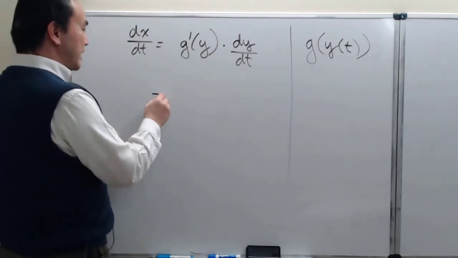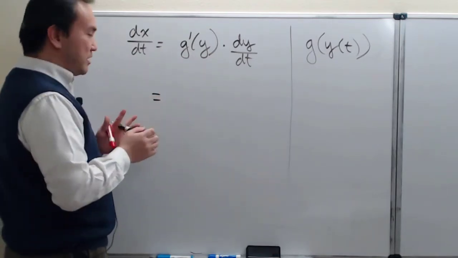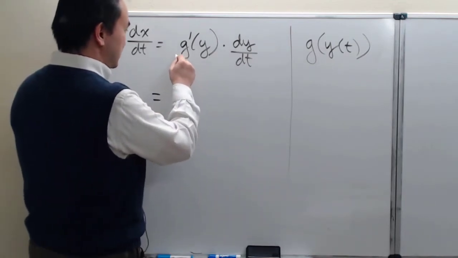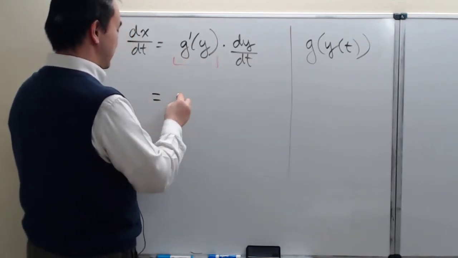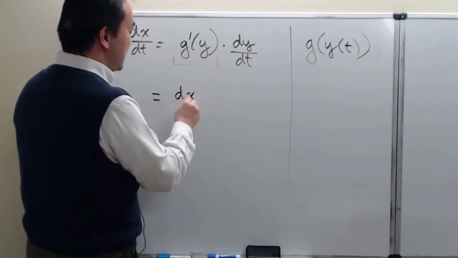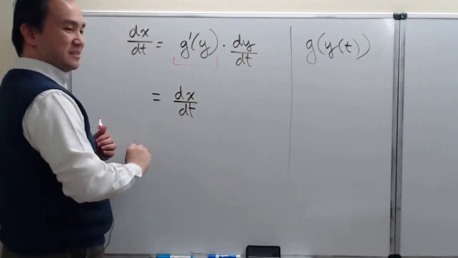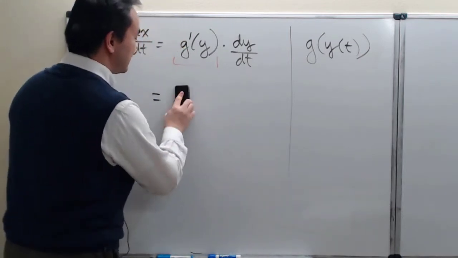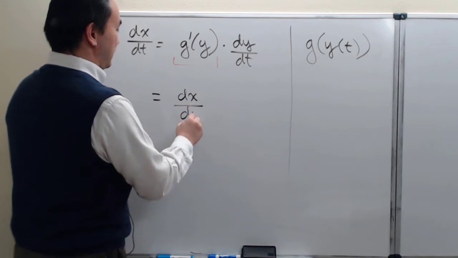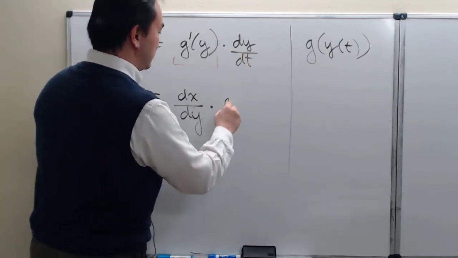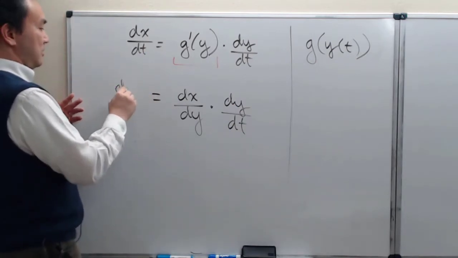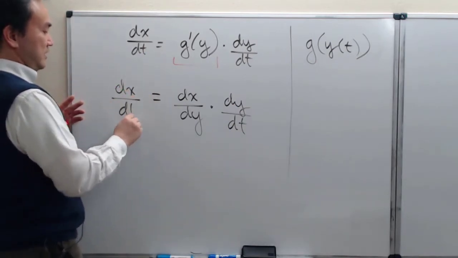Okay? And so that's why this came straight out as a chain rule over here. But then we recognize, very similar to how we made our argument in the other situation, that this right here is the same as dx/dy, even though I wrote dx/dt. So this is dx/dy. And then multiply with that dy/dt, and on the left-hand side it all equals dx/dt.